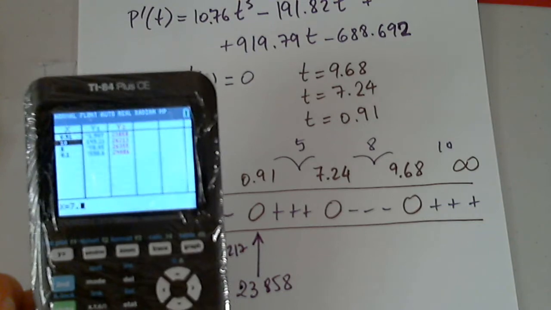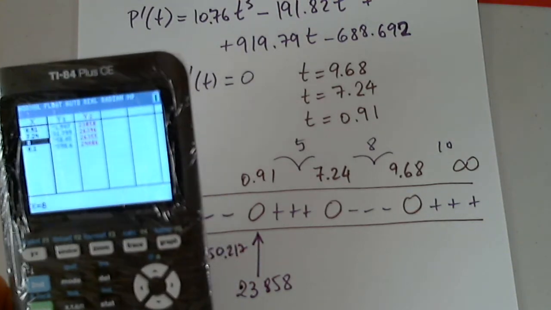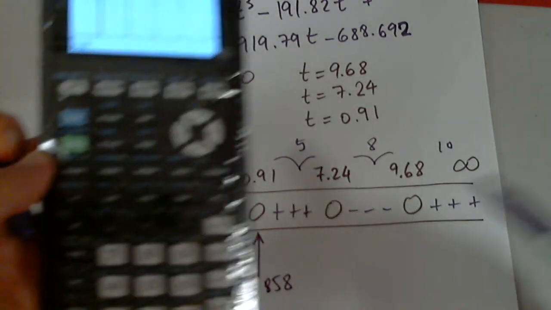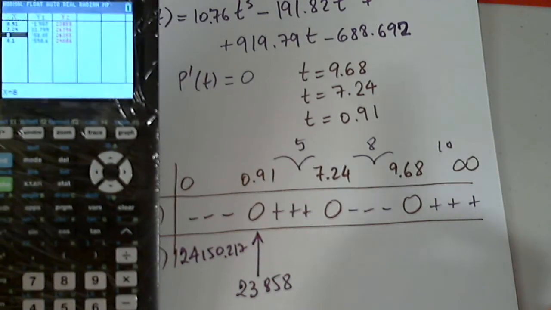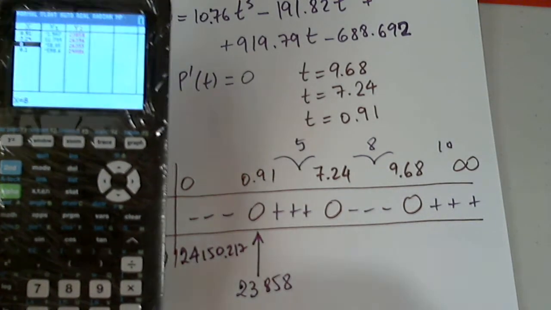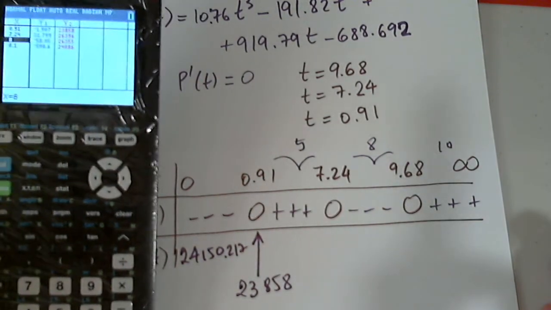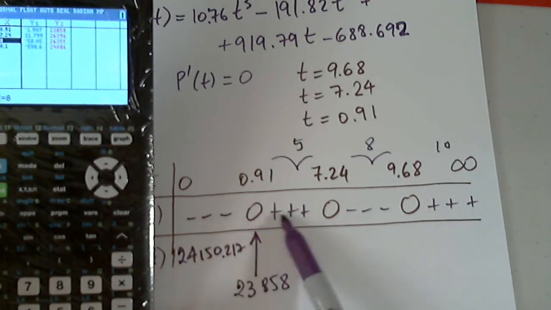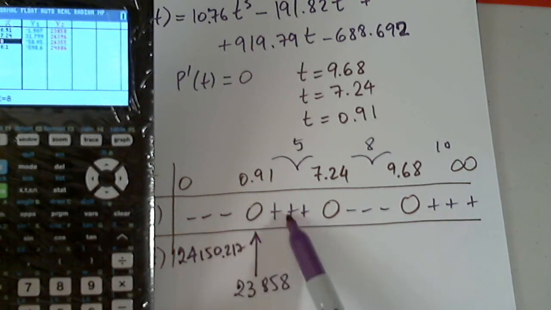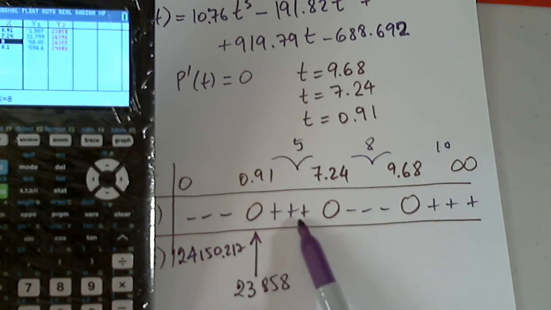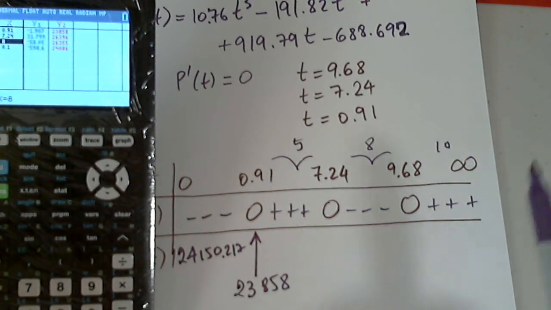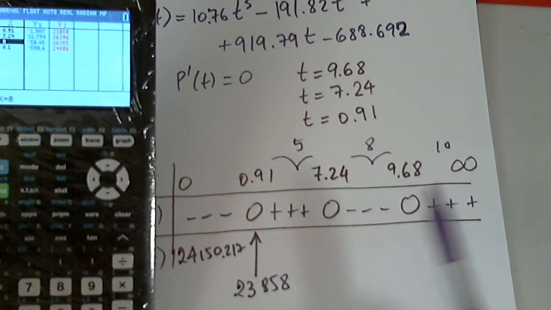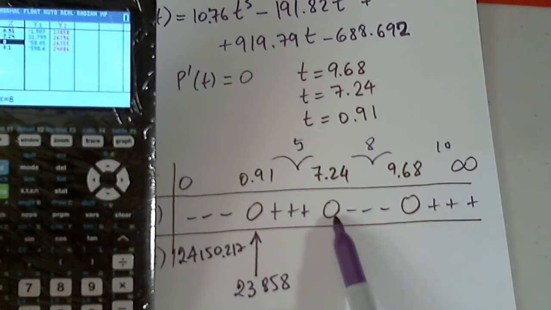I determine all of them even though I shouldn't need to, because I'm really asked to find the absolute maximum, right? So 0.91 is a minimum, because the derivative goes from negative to positive. The middle one is definitely a maximum, from positive to negative. The last is some minimum point, from negative to positive. So the maximum is the only one.